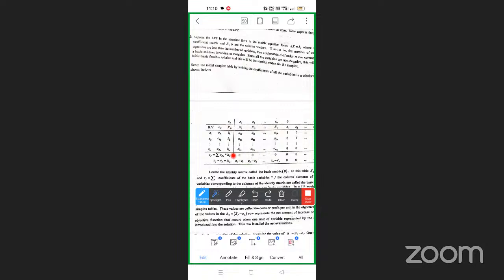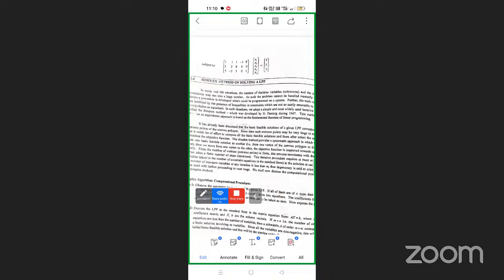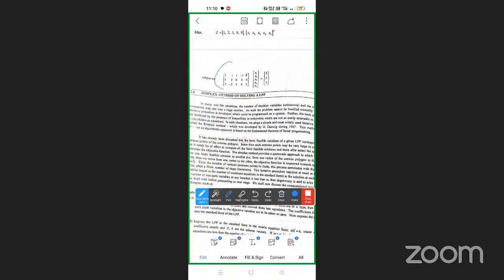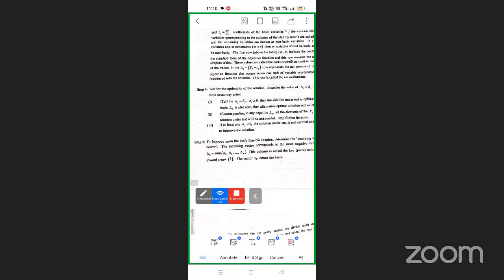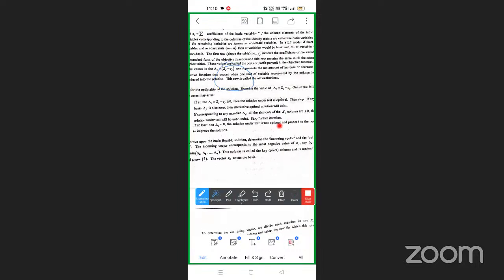And XB, X1, X2, X3: this is as per the previous matrix, X1, X2, X3 up to the third one. So this is the important formula: Delta J is equal to Zj minus Cj.